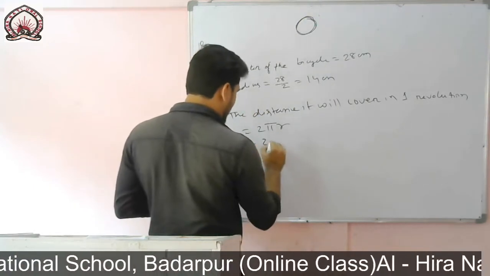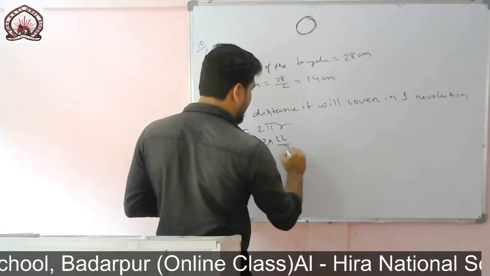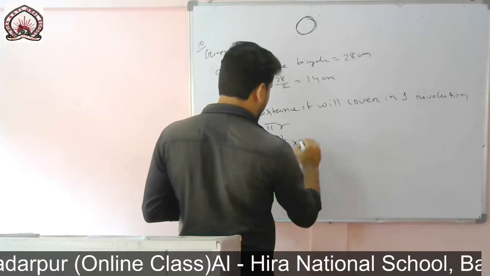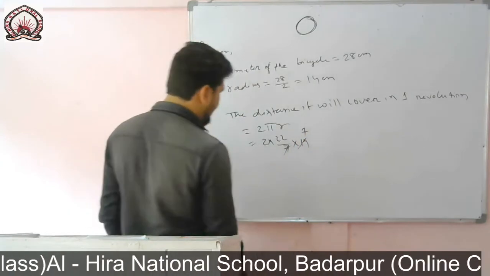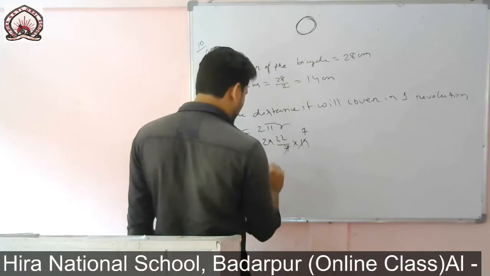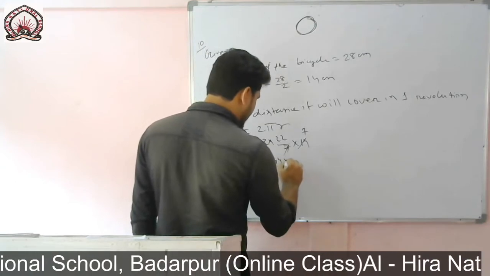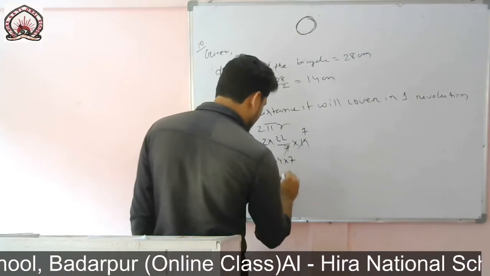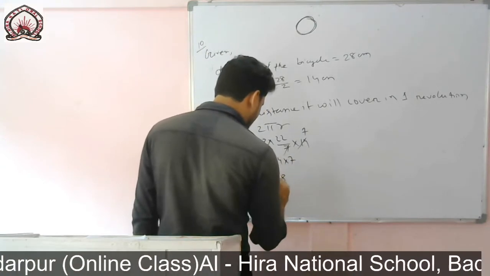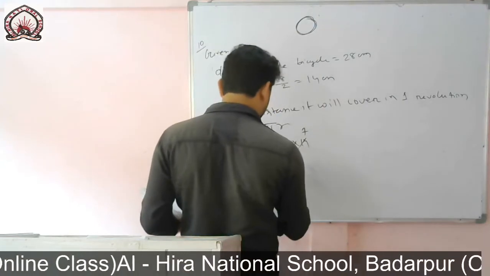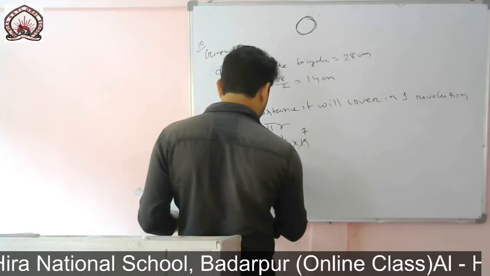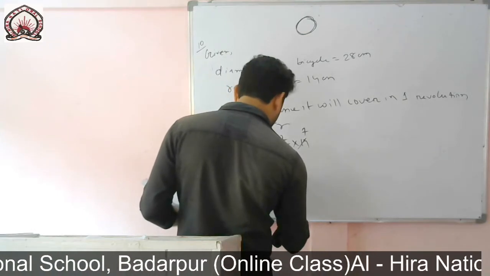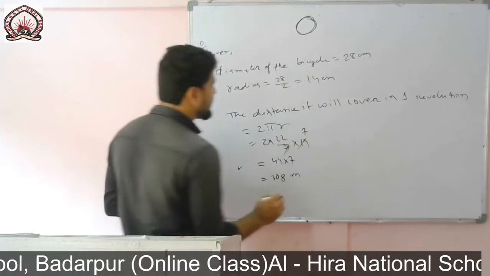So 2 into 22 by 7 into radius 14. If we cancel, we get 14. Now we can write 44 into 7, that means we get 308 centimeter.